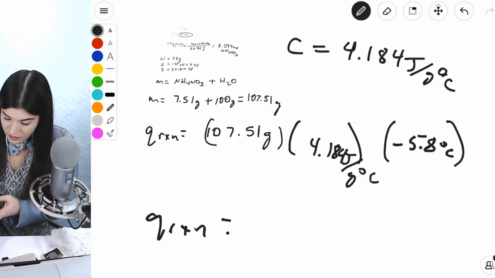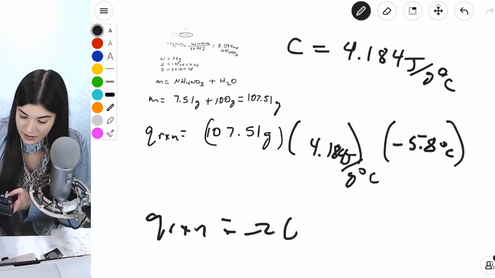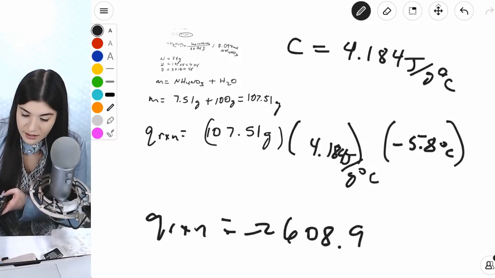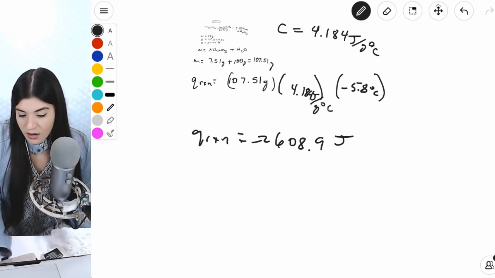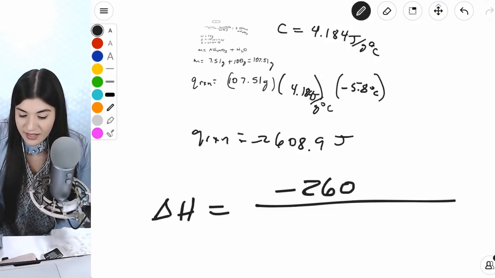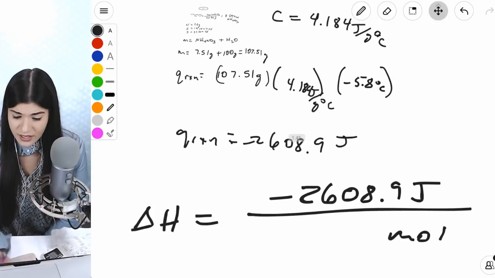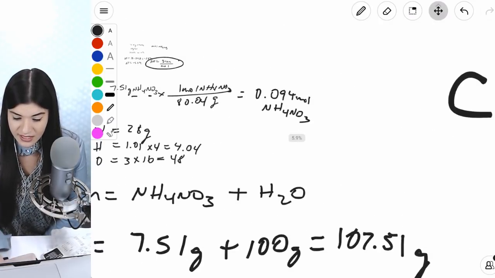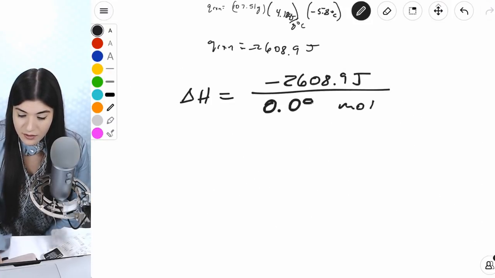So let me see what that gives us. 4.184 times negative 5.8 times 107.51, and that's negative 2608.9 joules. And then since they're asking for our change in enthalpy, what I'm going to do now is just divide this by the amount of moles that we found initially, the moles of whatever sample we had, which we said to be 0.094.